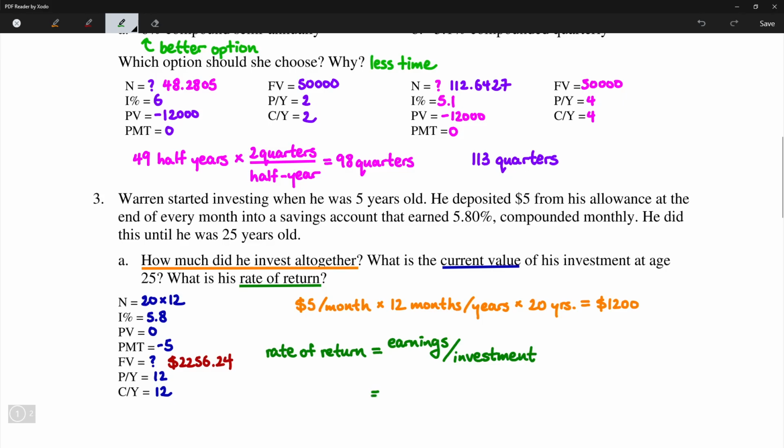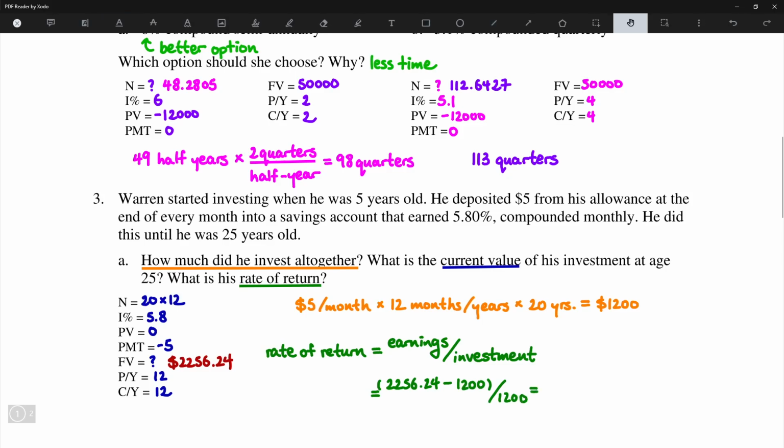So in this case, we can simply subtract the future value of $2,256.24, and then we can subtract the initial investment, which is $1,200 in total, and then we can divide that by the $1,200 investment.